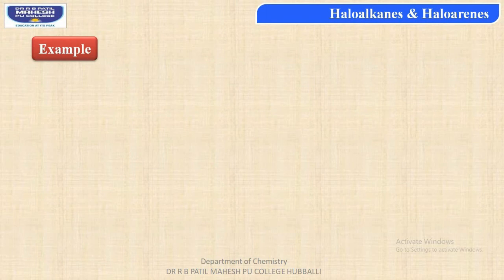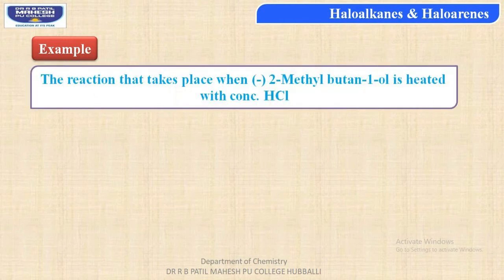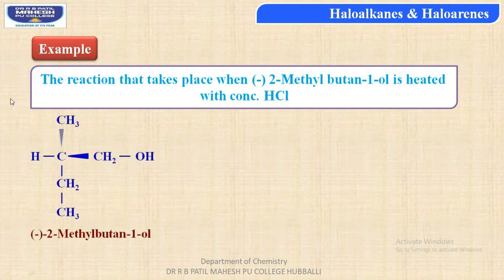Now students, let us consider an example for retention of the configuration. The reaction that takes place when minus 2-methyl butan-1-ol is heated with concentrated HCl. So students, let us have the reaction. The molecule name, student, as has been told to you, is minus. Why? Because it is levorotatory. It rotates the plane polarized light towards the left side. Thus, we can use levorotatory or the minus sign.